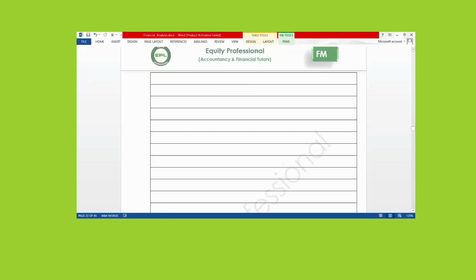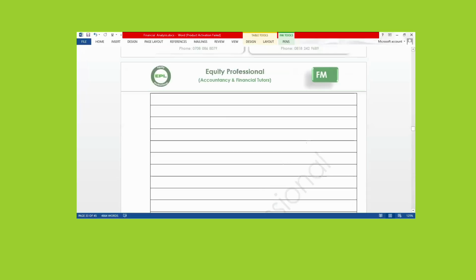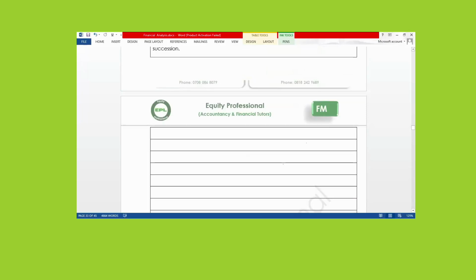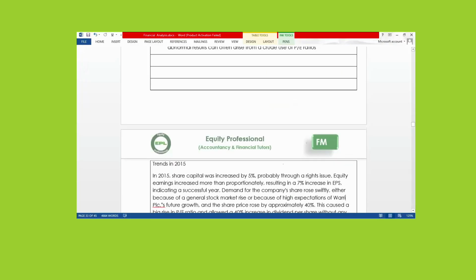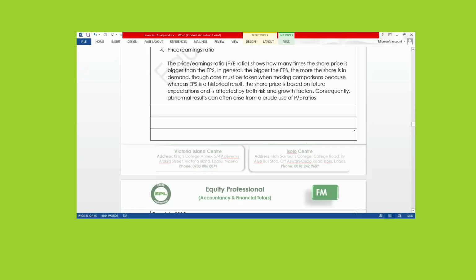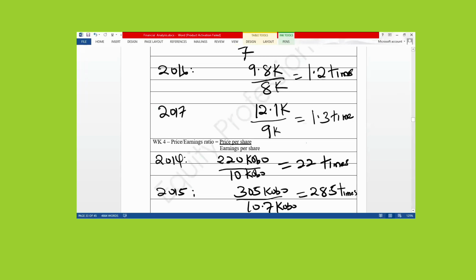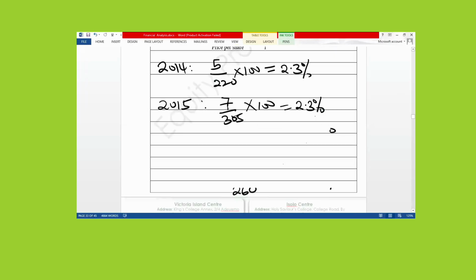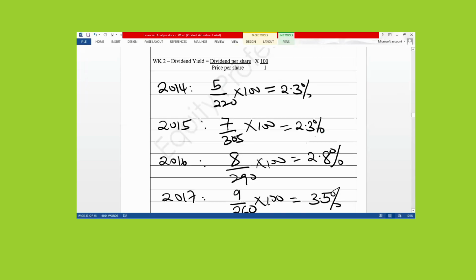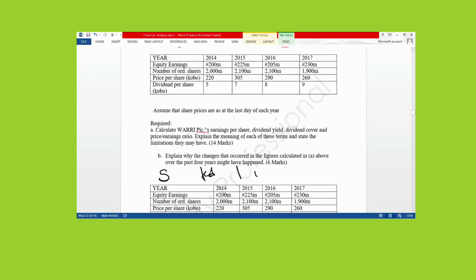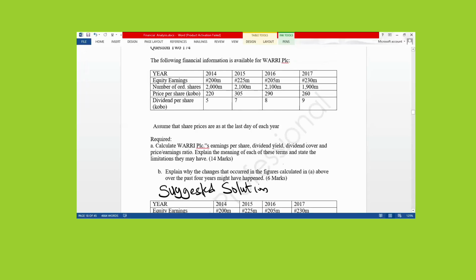Okay, sir. Finally, we assume that the share price is at the close of the financial year. Normally, that assumption is normal. That share price is at the end of 2014. So it has no impact on your analysis.